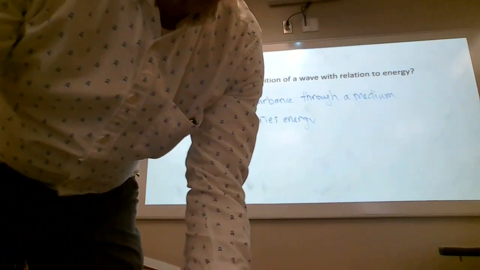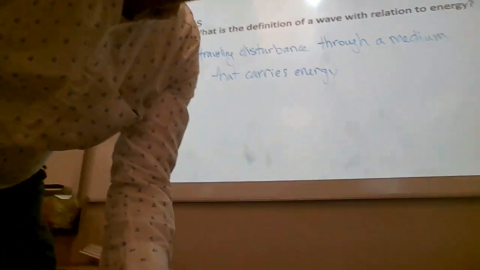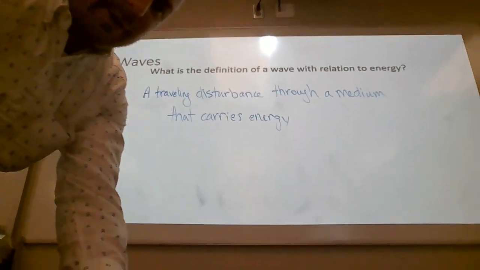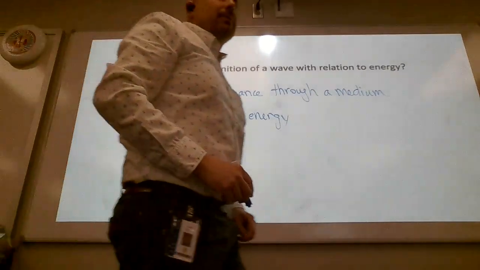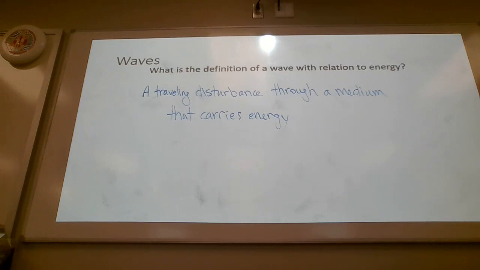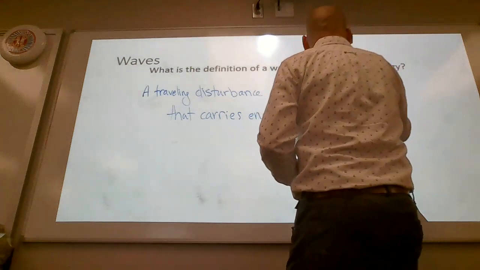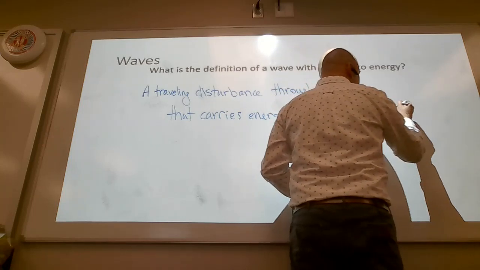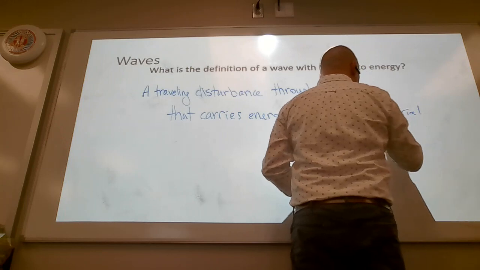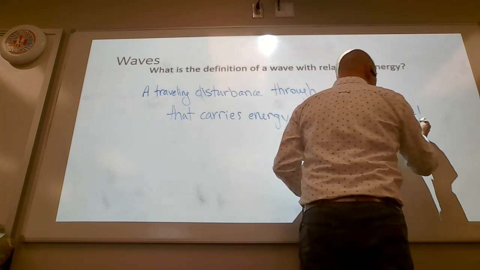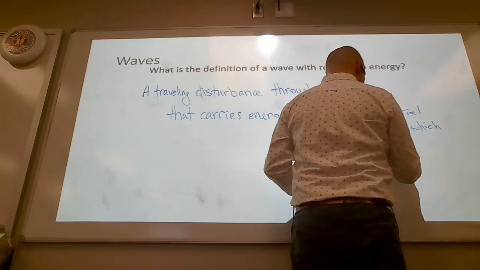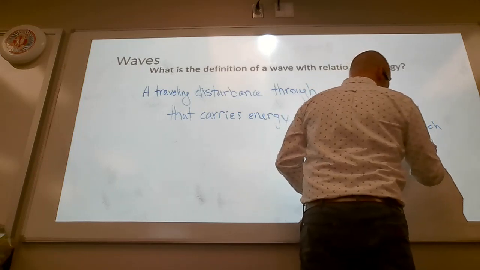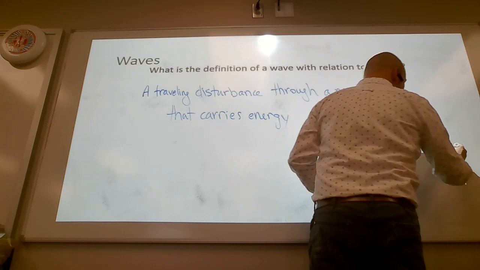Okay, so let's first define part of the definition. What's a medium? It's kind of like in the middle, like not too hot, not too cold. This is the material through which the wave travels.